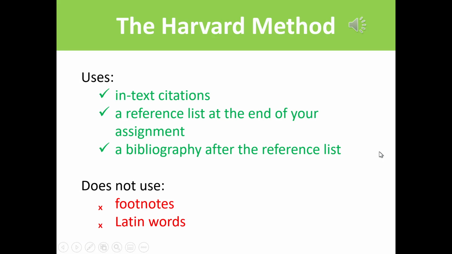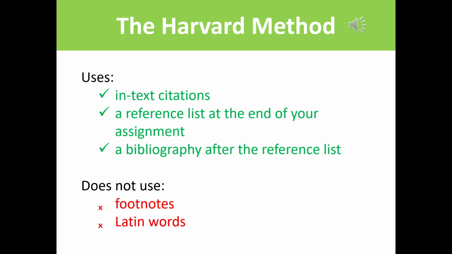The method of referencing that we ask you to use in your literature coursework essay is the Harvard method of referencing. There are other methods of academic referencing, but this is the one that we ask you to use for your coursework essay. The Harvard method uses 2 different types of references. It uses in-text citations. So this means references that you give in the main body of your essay, so in your paragraphs while you're writing.